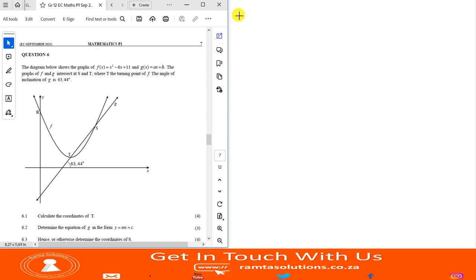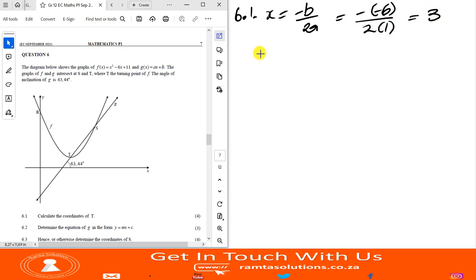All right. There are two ways to do this. You can complete the square, or you can say quickly x equals negative b over 2a, which is negative 6 over 2 open bracket 1, which is 3. And then you can find f of 3.